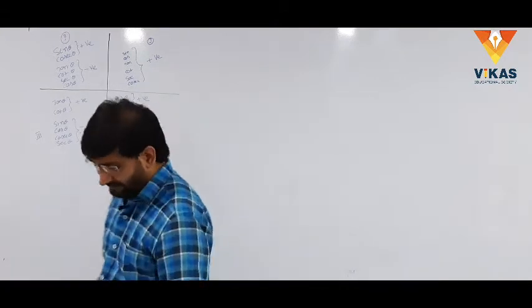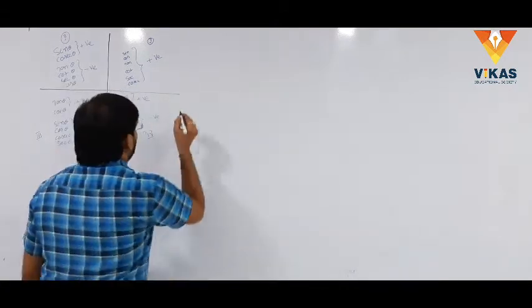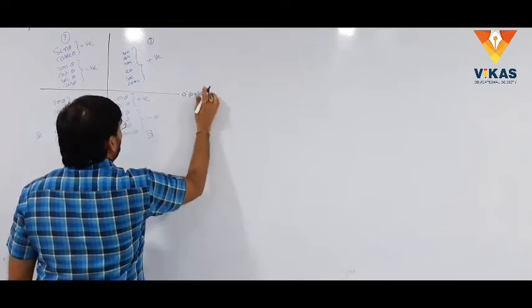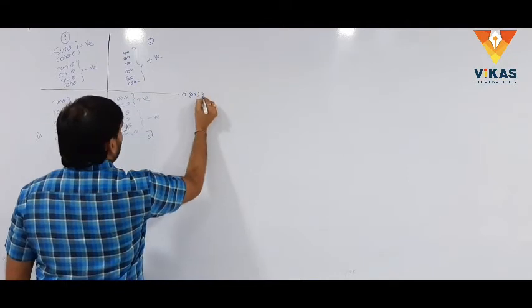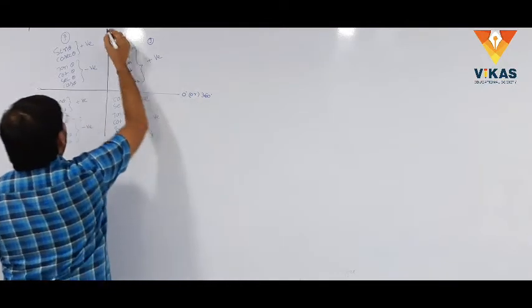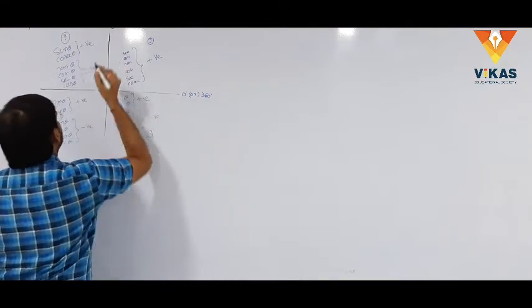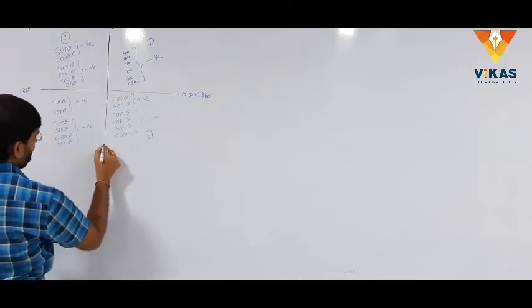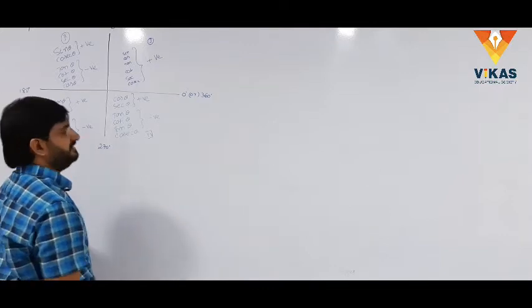Here we observe clearly, this is 0 degrees or 360 degrees, and this is 90 degrees. This represents 180 degrees. This represents 270 degrees.